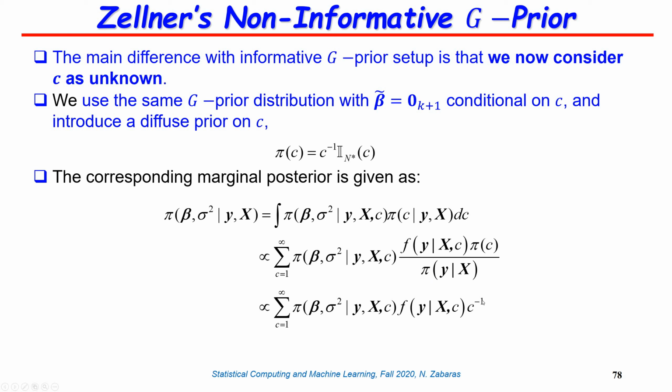My prior here is 1 over C, and if I don't bother about the normalization factor, and I change the integral to a summation over C, since C takes integer values, we get that the posterior of beta and sigma squared is given by this summation.